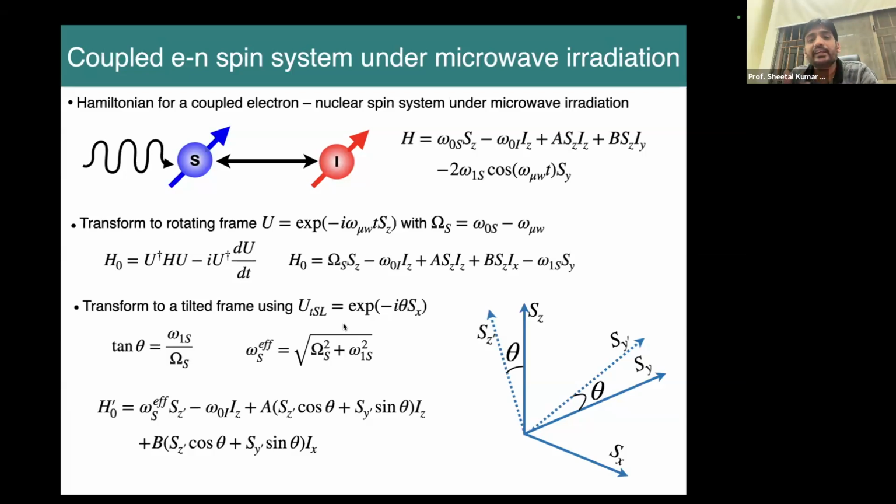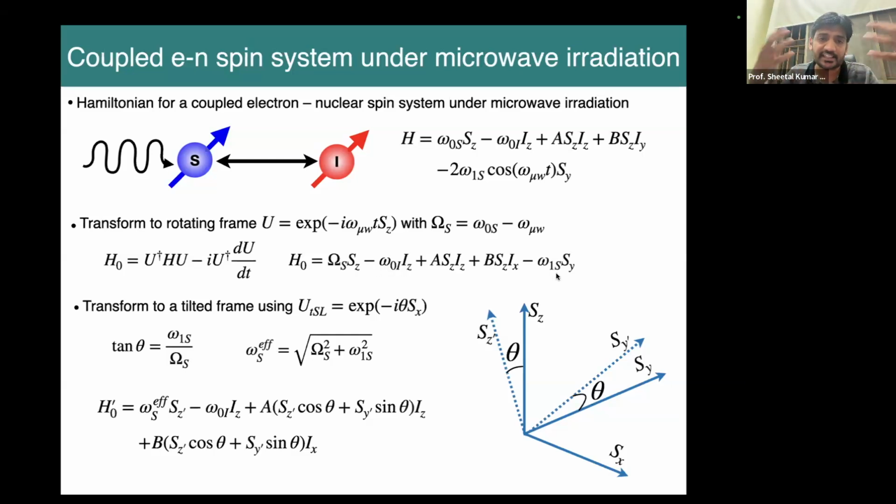Now, to make it more convenient, it will help if we combine the Sz and Sy terms, and we can do so by tilting the frame a little bit, so that the new Sz prime is in the effective direction of omega S and omega 1S. Here we need to understand that omega S, omega naught I, and omega 1S are our controls.